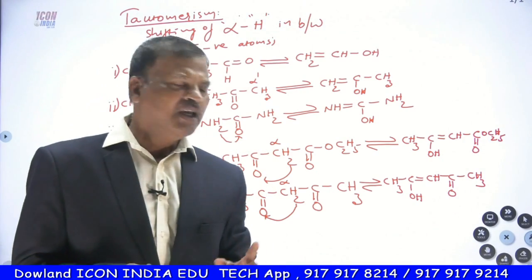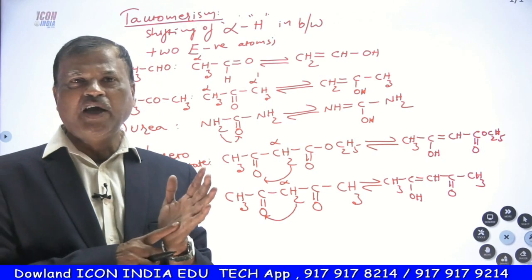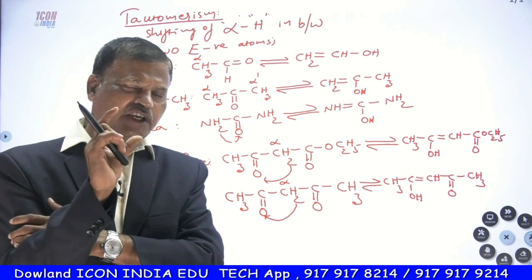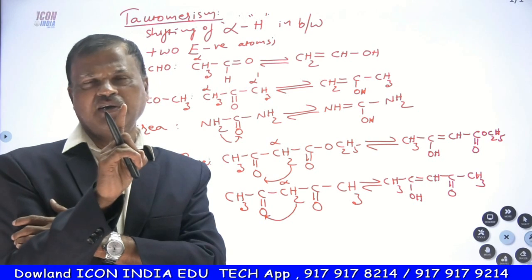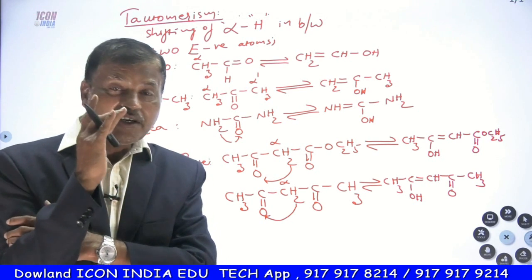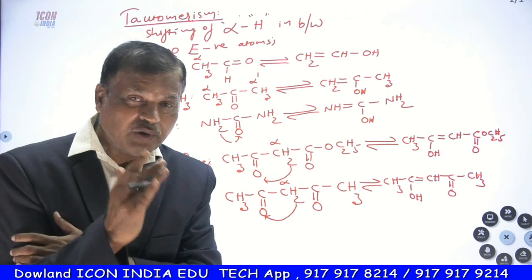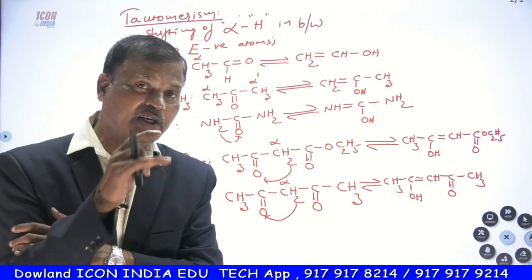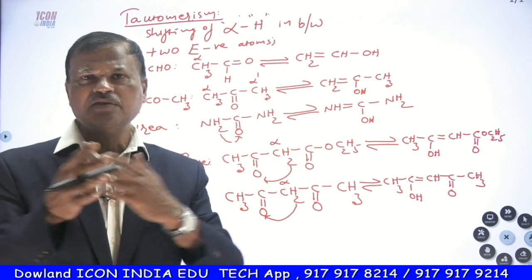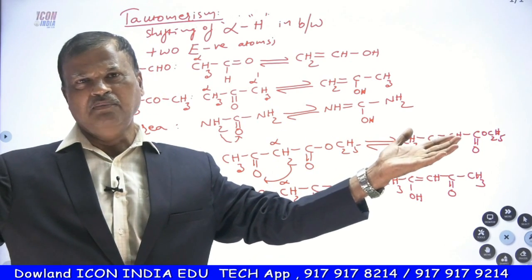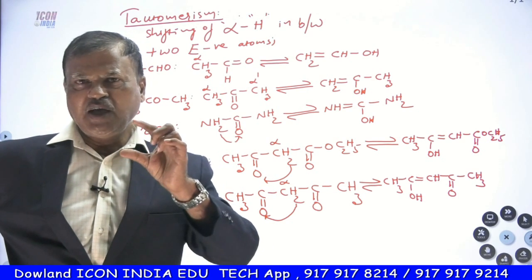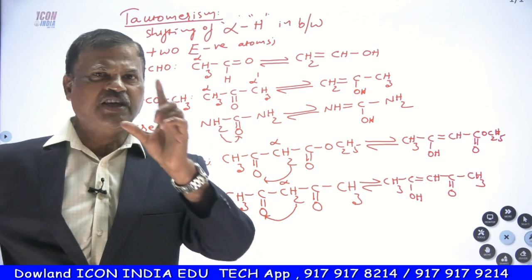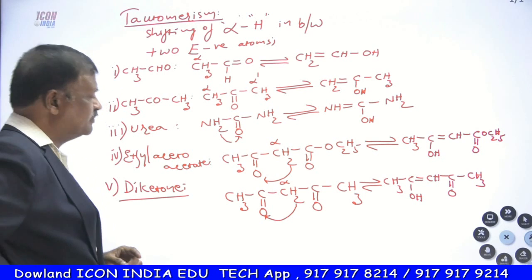That means in your observation you can easily identify that at the alpha position there should be at least one alpha hydrogen. Besides the electronegative group, there should be at least one alpha hydrogen. Such molecules will exhibit tautomerism. Other molecules may not exhibit tautomerism. So, to exhibit tautomerism, the molecule should contain an electronegative group and at the alpha position at least one hydrogen.